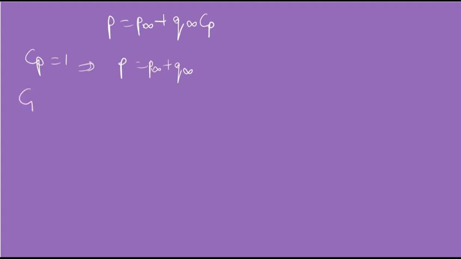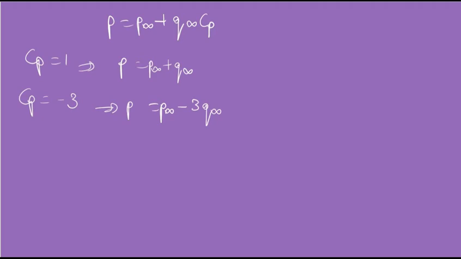So if I have Cp equal to -3, then what will happen to this equation, which would be P is equal to P infinity minus 3 into Q infinity, which means the local pressure is 3 times the dynamic pressure below the free stream static pressure. So these are the conclusions that we can get if we rearrange the equation for Cp.